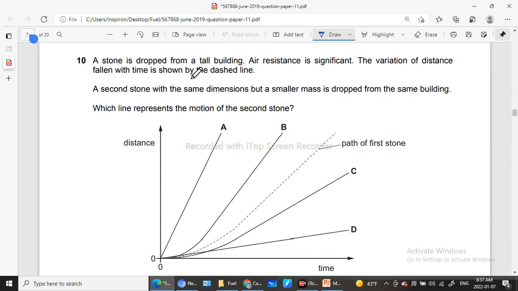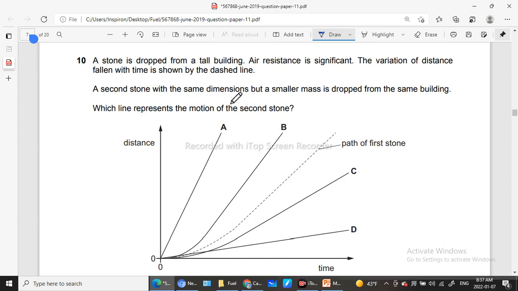A stone is dropped from a tall building. Air resistance is significant. The variation of distance fallen with time is shown by the dashed line. A second stone with the same dimensions.